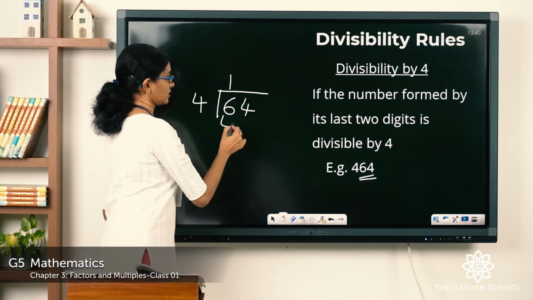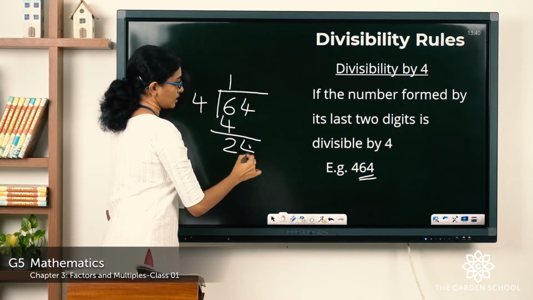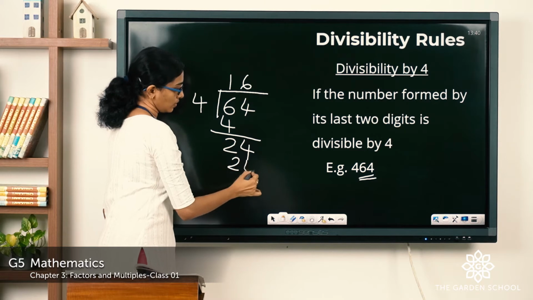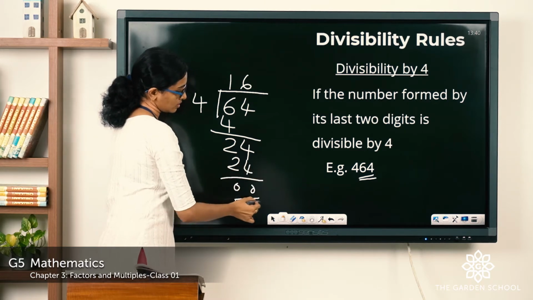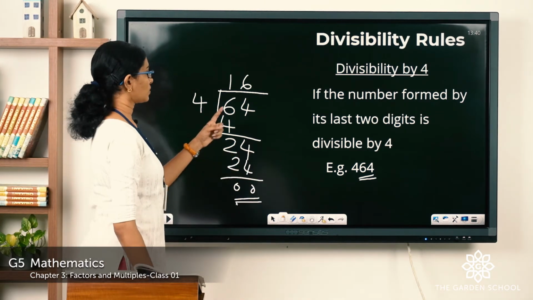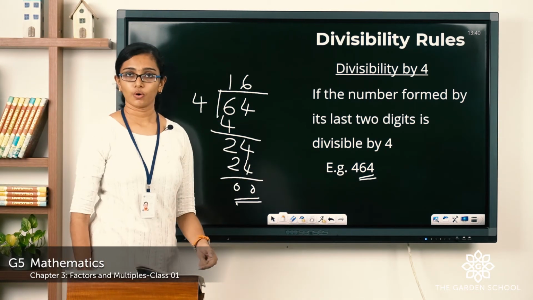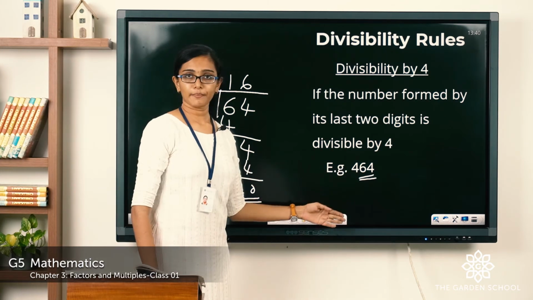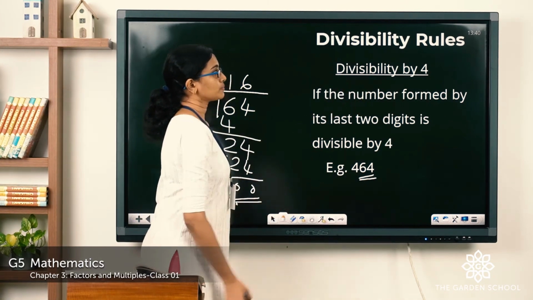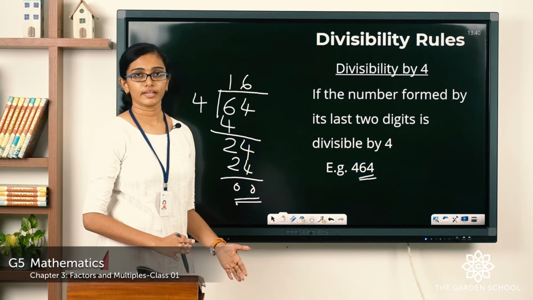We know 4 6s are 24. See, the 64 or the number formed by the last 2 digits is completely divisible by 4. So we can say the given number 464 will be divisible by 4, the whole number.